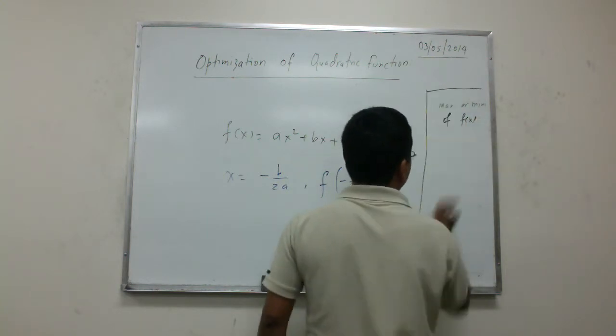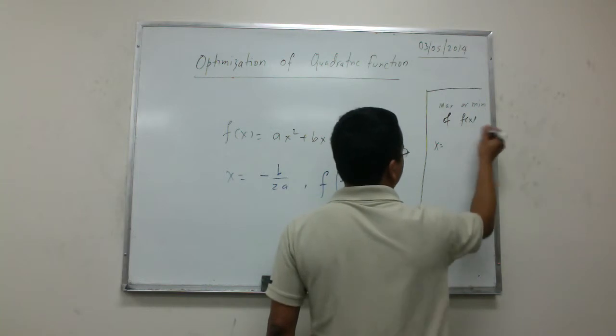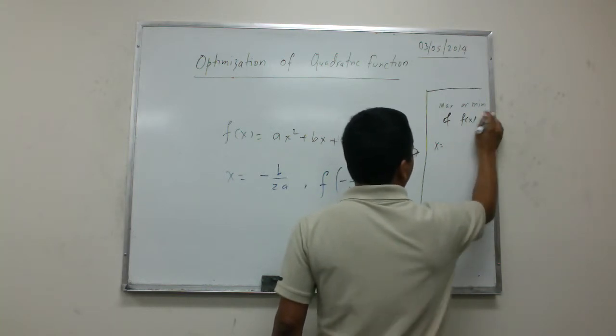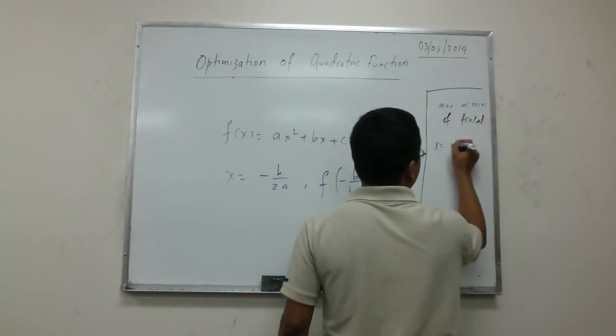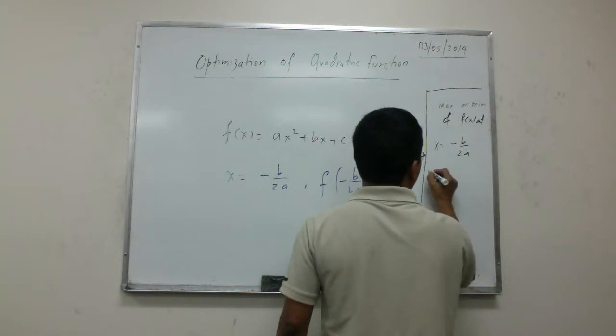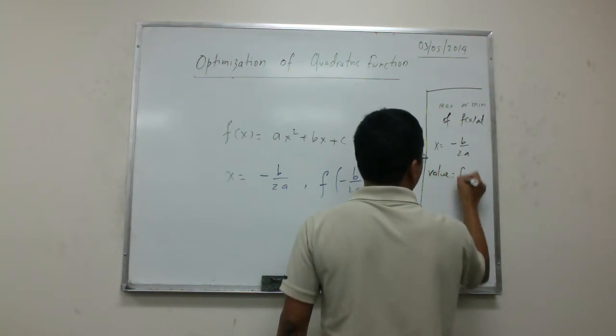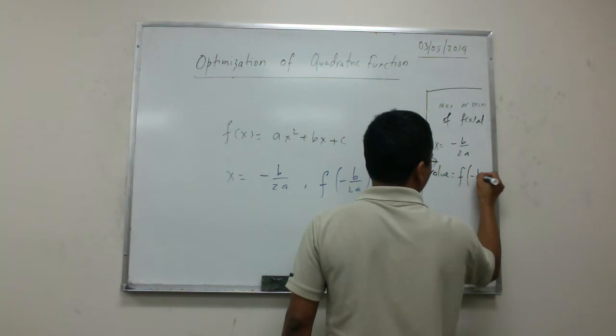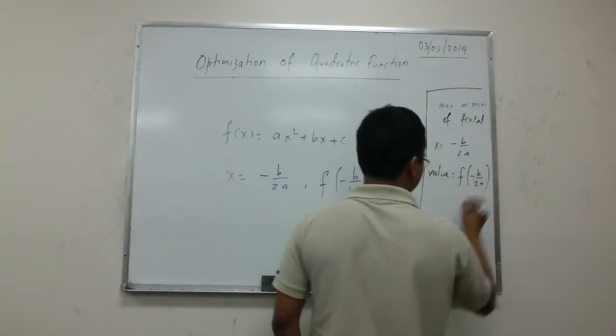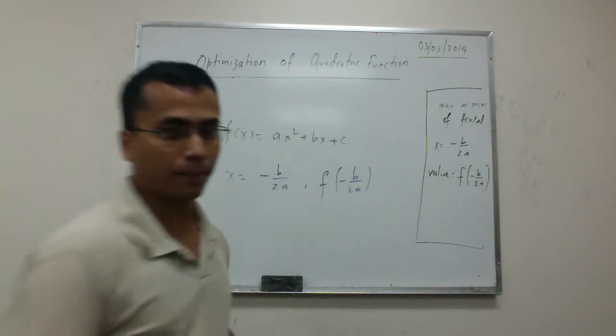You can find the maximum or minimum of the quadratic function f of x at x equal to negative b over 2a, and the value is the value of the function at negative b over 2a. Okay, so this is our formula.